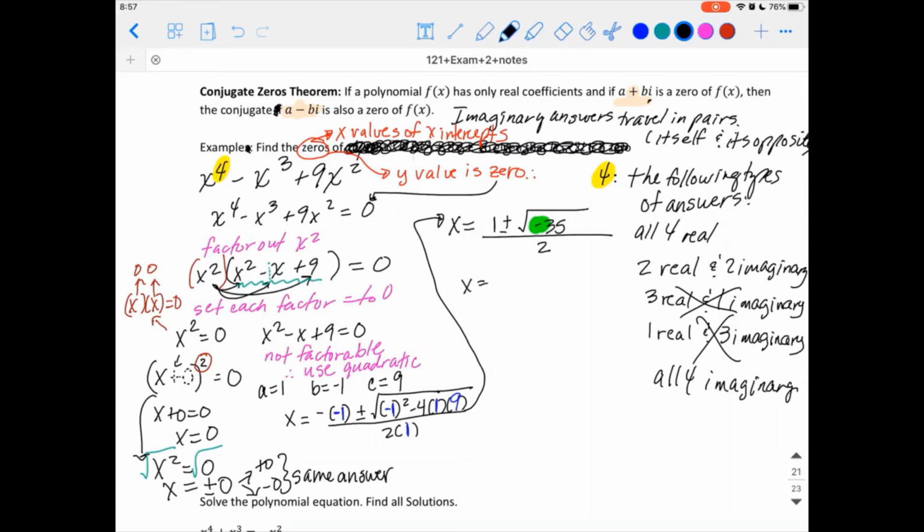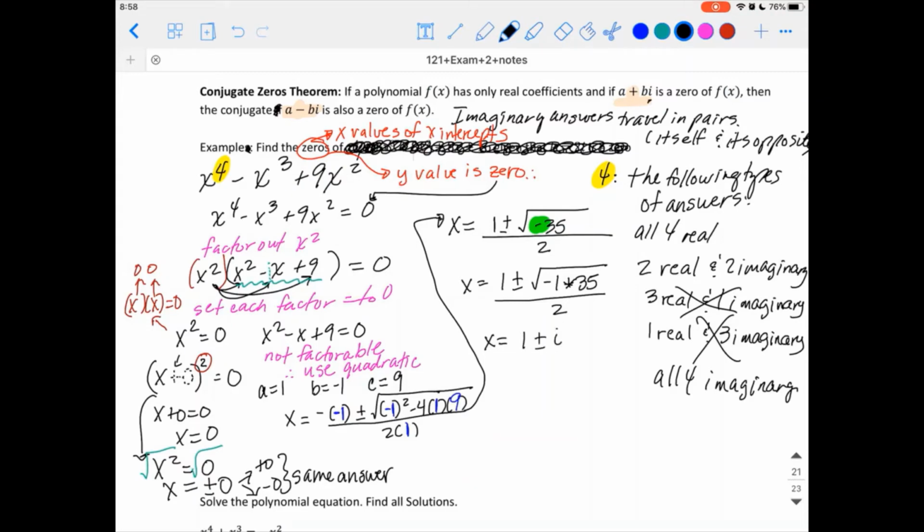So this is going to be x is equal to 1 plus or minus, and technically, just a nice little review from our previous recorded notes, this is going to be -1 times 35. We can't factor anything else as a perfect square, and there's no other simplification process. And the square root of -1 is I, so it's going to be 1 plus or minus I.